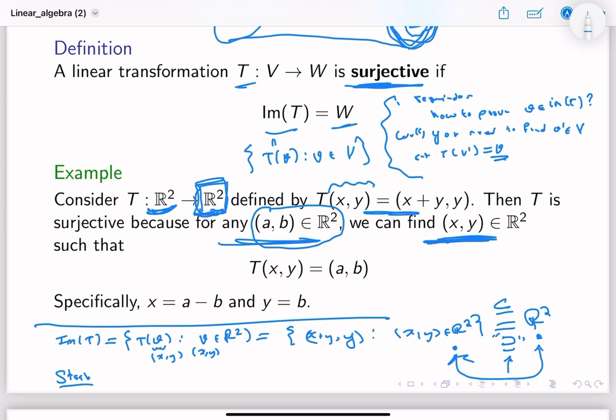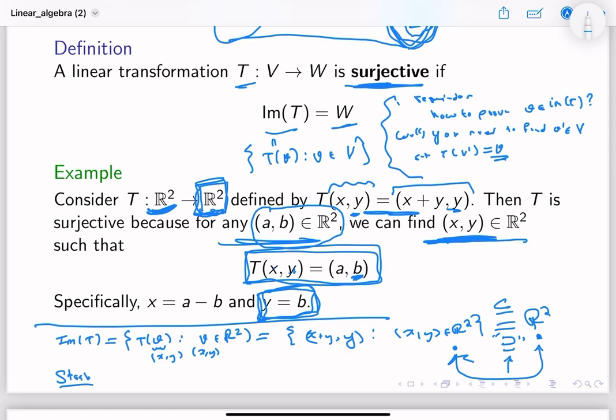But remember, this is how T is defined. T takes a vector (x, y), it adds the first component to the second, and it leaves the second component the same. So we know for sure that y should be b, because T leaves the second component the same, and we want the second component to be b.